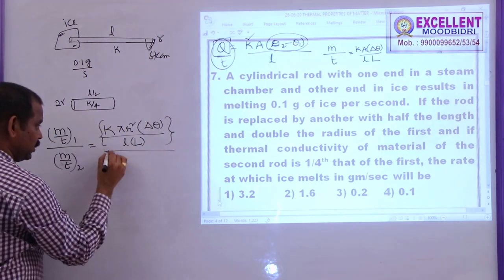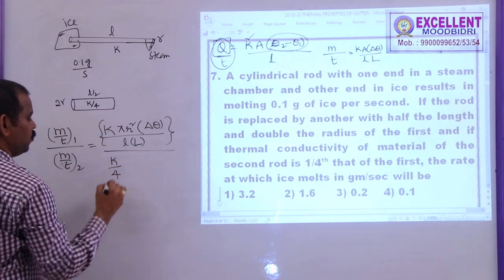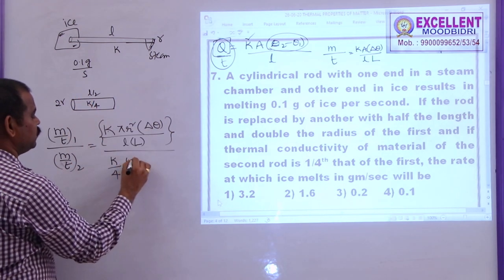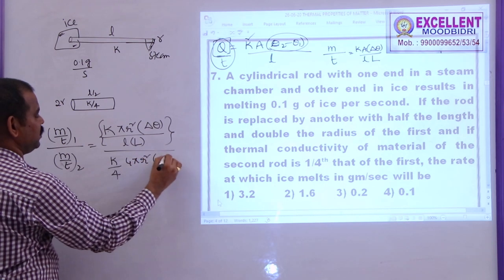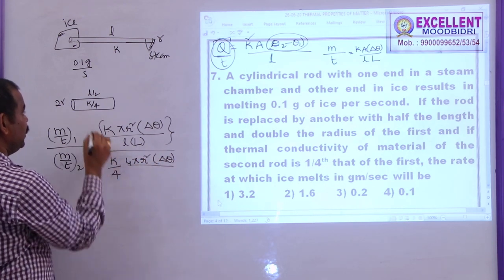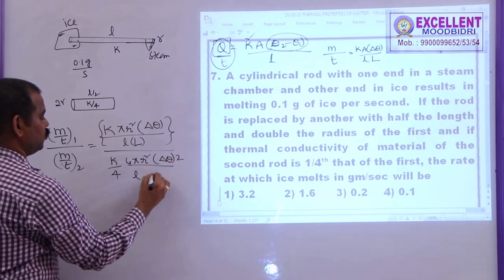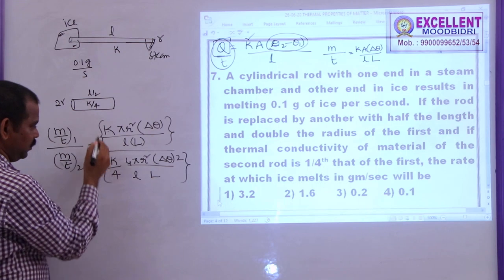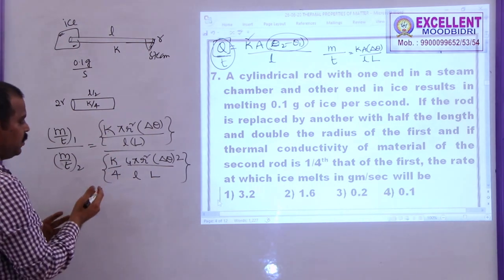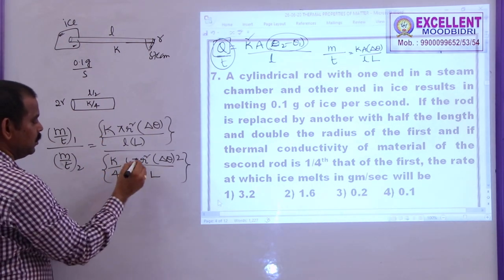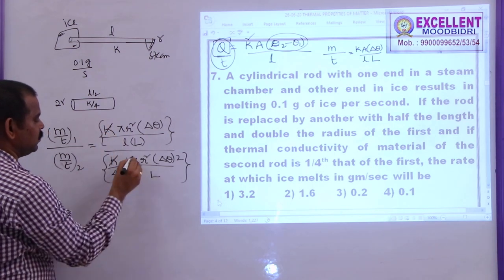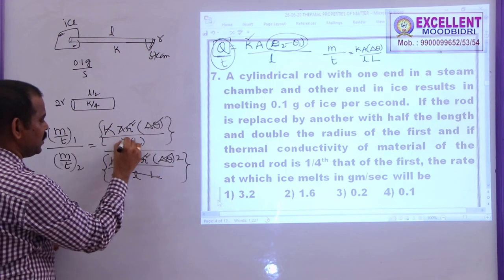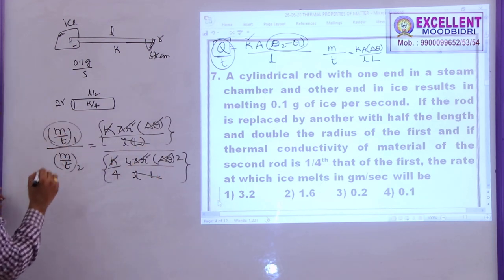By, in the second case, K is K by 4 and the radius is doubled here, that is π(2R)², so 4πR², change in temperature Δθ, by the length L by 2, latent heat L. Now what can you cancel in this one? Be careful in these types of problems. Some students make mistakes while cancelling. Here K and K get cancelled, πR² and πR² get cancelled, the change in temperature is the same, and capital L is the same. So this value is given as 0.1.